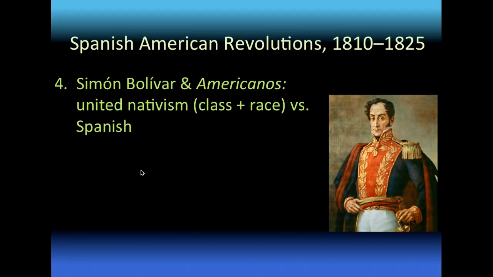This could be a Creole, someone of purely Spanish or Portuguese blood descent, or it could be someone who was born as a Native American from America, or it could be someone of African descent, or any level of mestizo, any mixed race person. And this was also including different classes, wealthy and poor. Anyone who was born in the Americas was considered an Americano. And this was an attempt at fighting against the Spanish royalty, against the monarchy, to gain independence for Latin American people.